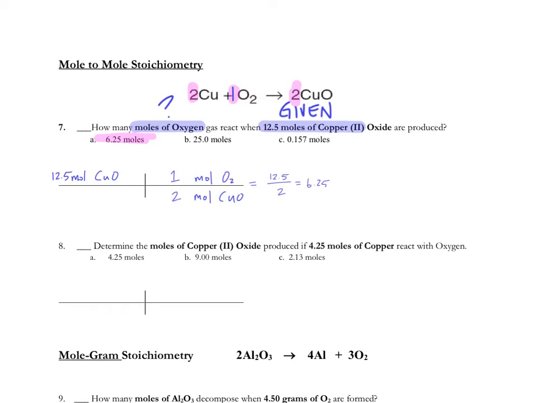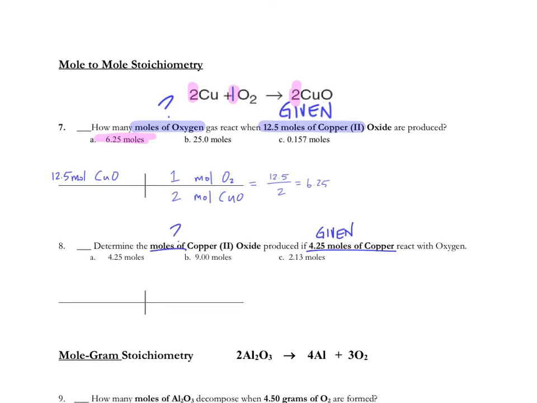All right, looking at the next one. Determine the moles of copper oxide produced if 4.25 moles of copper react with oxygen. So the information that is given to me, and I'm going to go from moles of copper to moles of copper oxide.